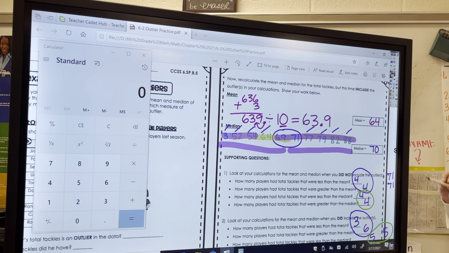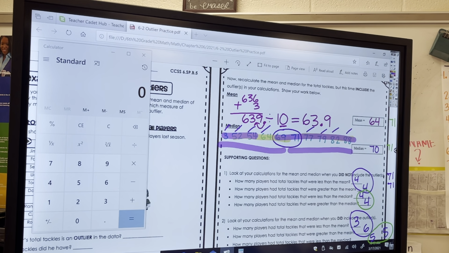Okay, let's look at it a different way. Your mean went from 64 to 71 without the outlier. Your median was 70 with the outlier, 71 without the outlier. So if you were looking at this data, which one is a more accurate representation of a typical Wildcats player?